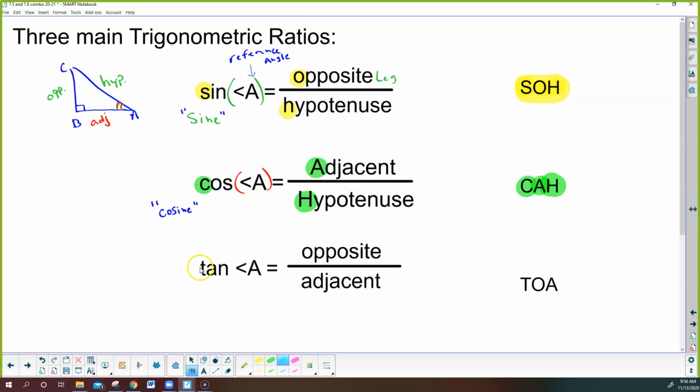Tangent is the opposite over the adjacent side. So notice here's the opposite and here's the adjacent, but it's still of that reference angle A. So TOA, SOH CAH TOA, TOA is going to refer to the tangent, which is opposite over adjacent.